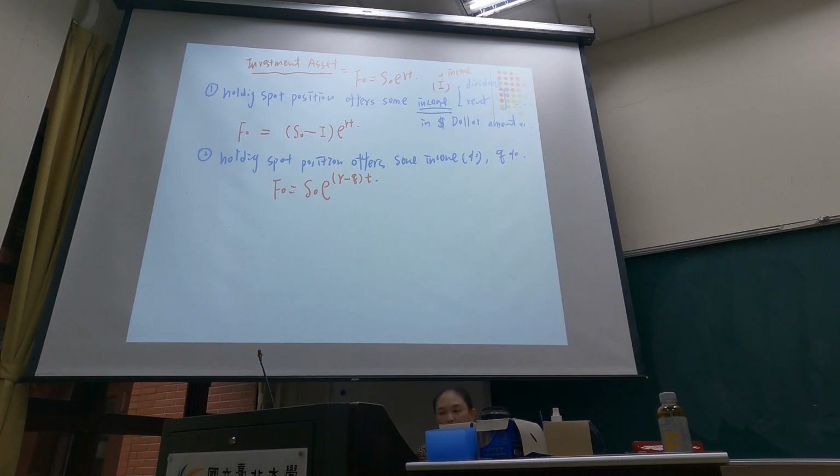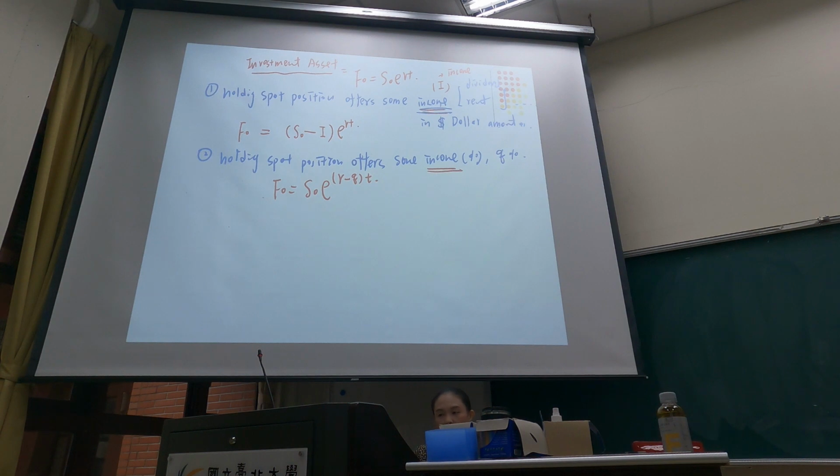Assuming we discount from the end of the periods. Alternatively, if you receive the dividend in the future, then you have to compute the present value. We have a tutorial related to that. Later on, I'm going to show you. So far, the more important thing you have to bear in mind is that when holding the spot position, it gives you some income.